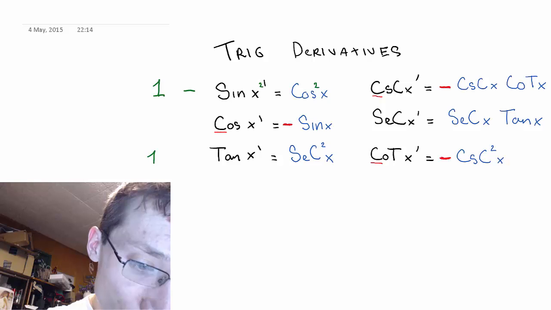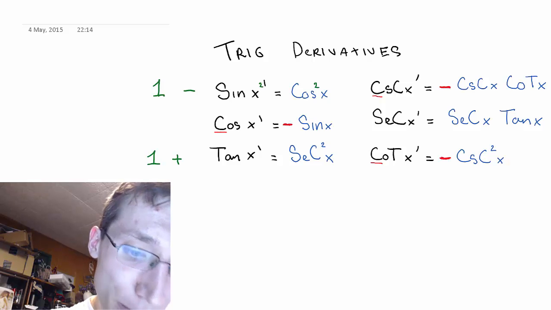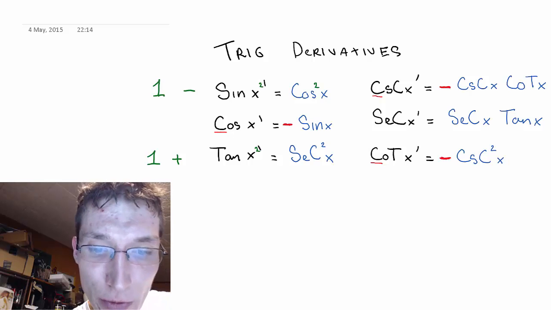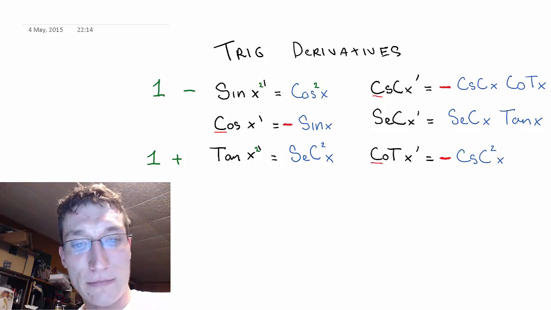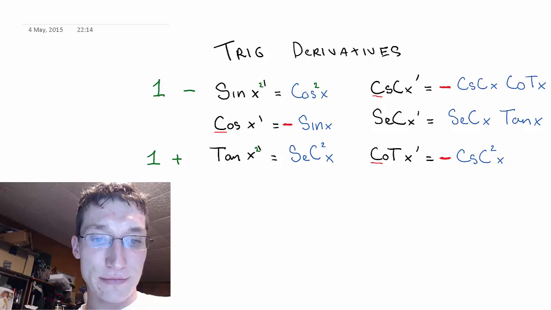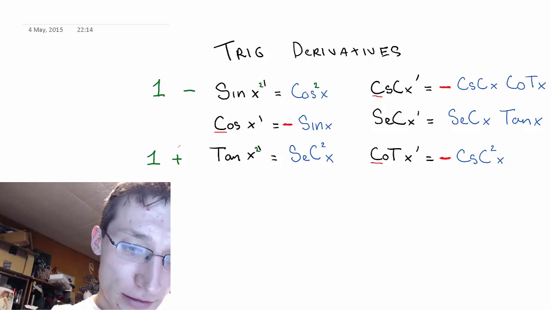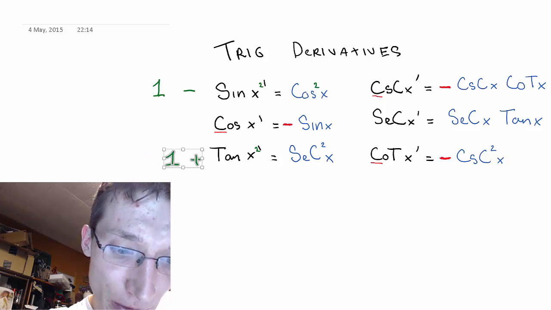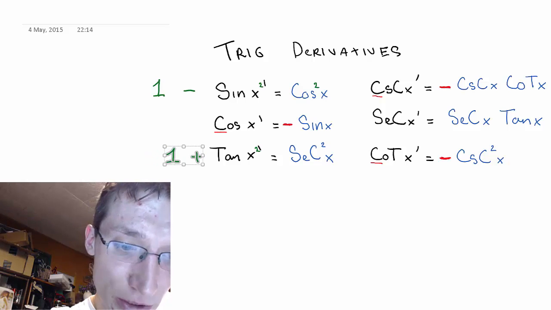Put 1 plus tangent x squared, you will get secant squared x. So that's an easy way to remember some trig identities as well.